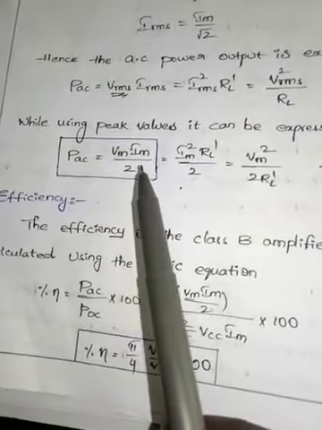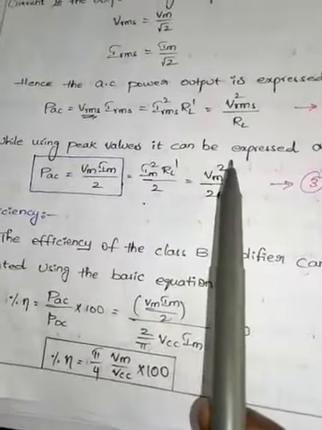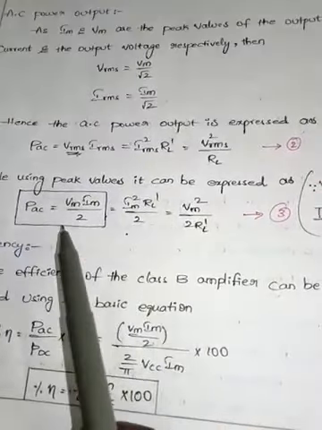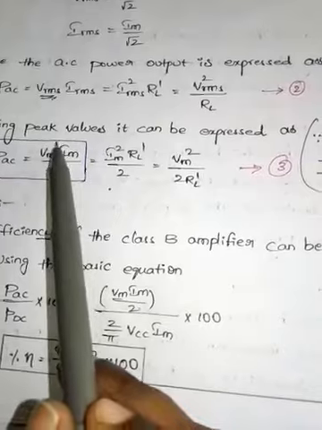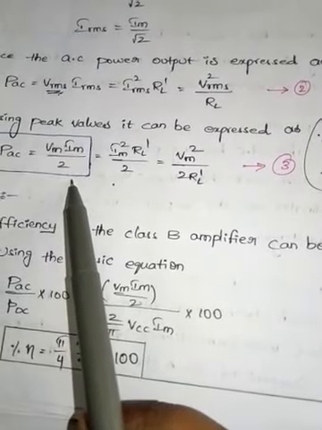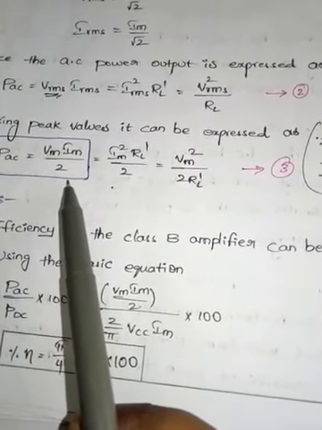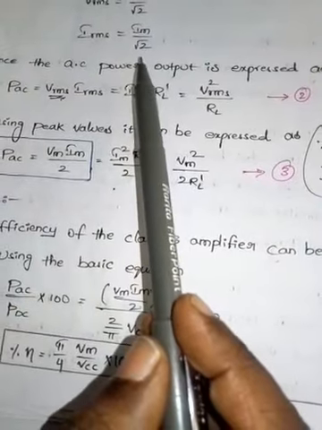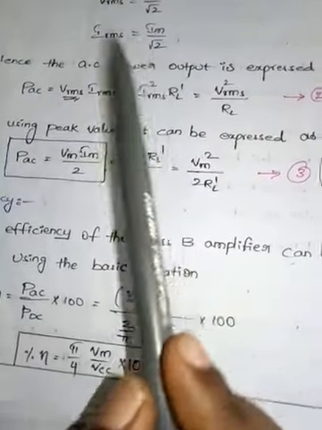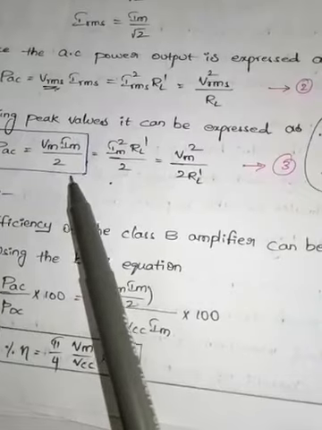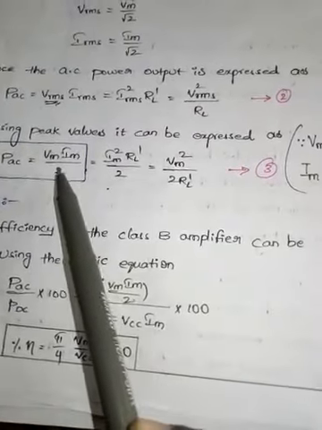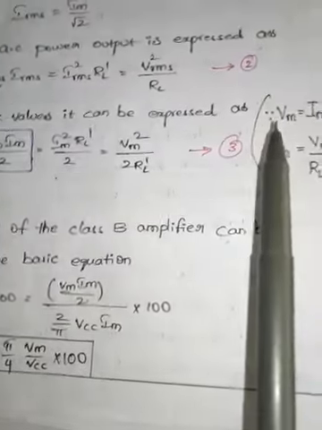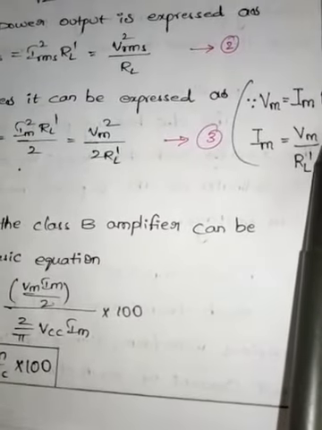Next, while using the peak values, the AC output power PAC can be expressed as Vm Im by 2. We know this condition, right? Vrms into Irms, if we do this product, then you will get Vm Im by 2. In the same way, here Vm equals Im into RL dash.